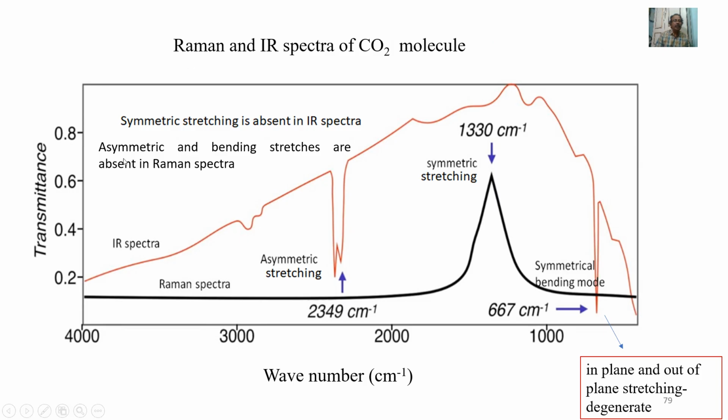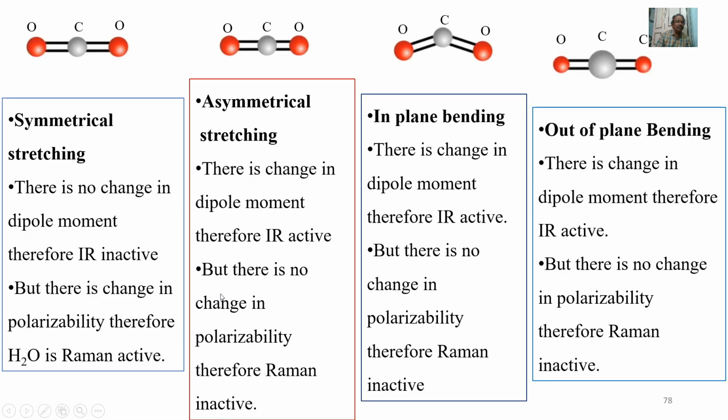Look at the picture now, the Raman and IR spectra of the CO2 molecule. The figure has been drawn between transmittance and the wave number, and the red curve corresponds to IR spectra, whereas the black curve corresponds to Raman spectra. As we discussed earlier, Raman is active in symmetrical stretching alone.